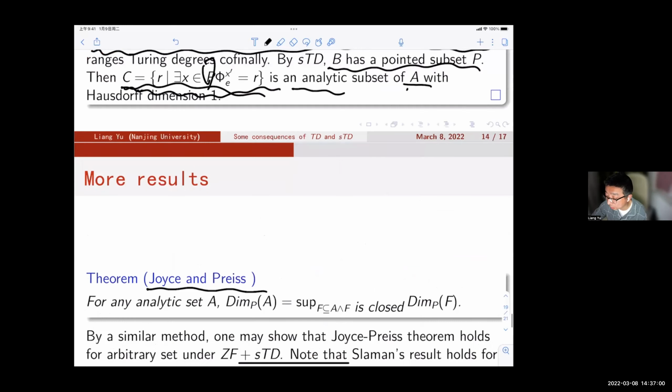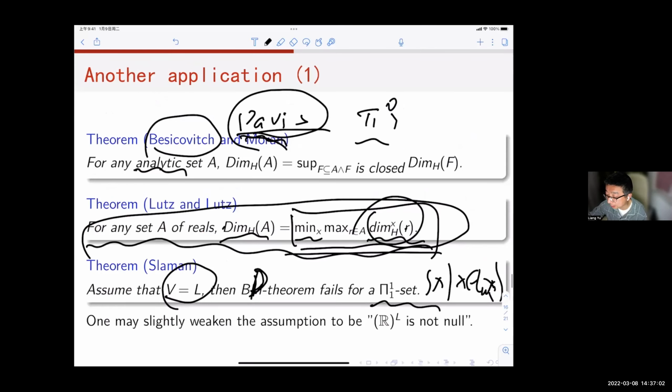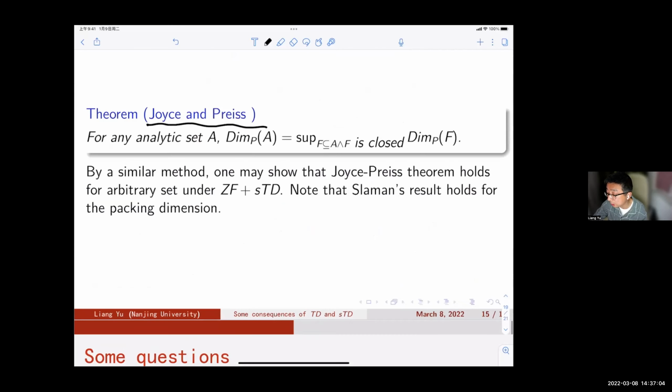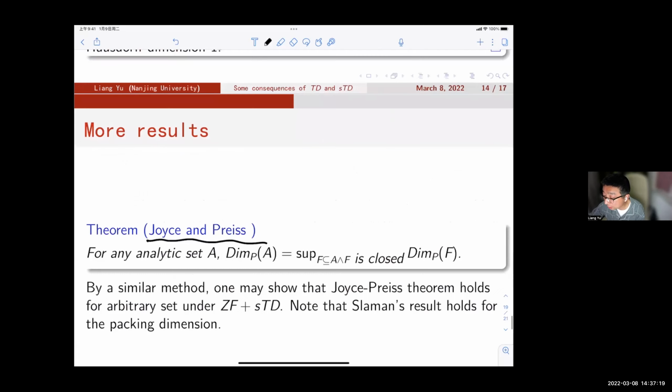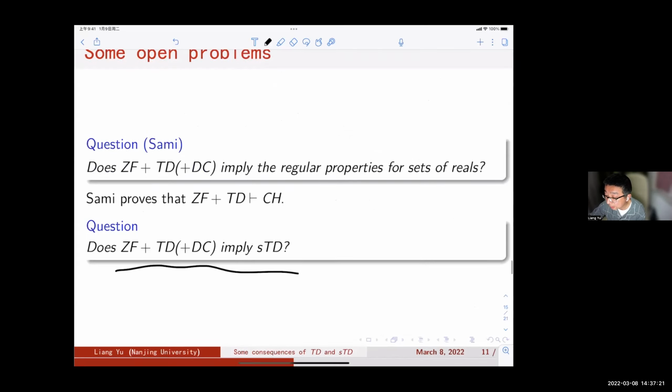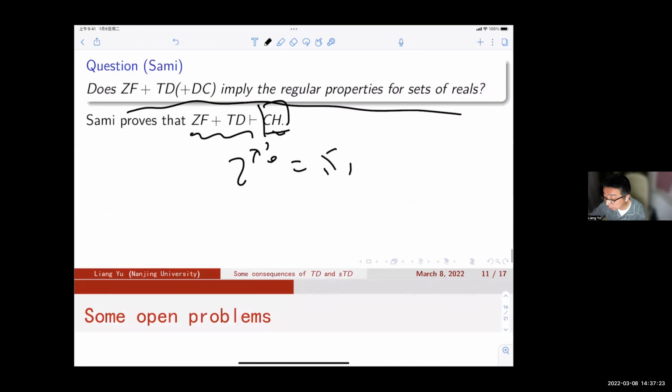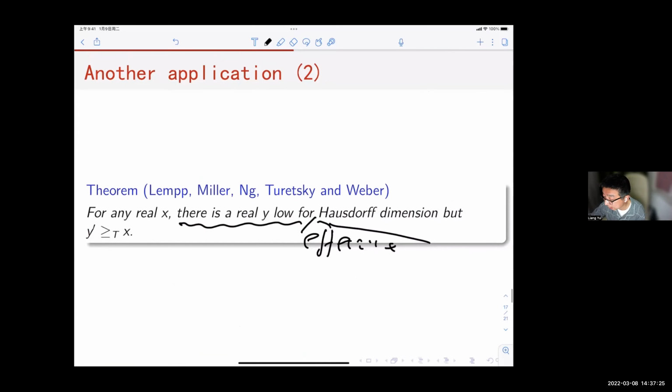The Hausdorff result was proved in the 1960s, but this result was proved in the 1990s. For any analytic set A, the packing dimension of A can also be approximated by closed subsets of A. Fortunately, the Mattila-style result also holds for packing dimension.